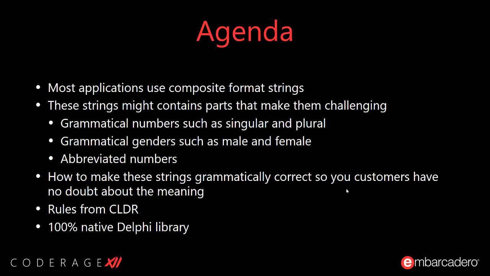The API I'm going to show you is a 100% native Delphi API. It's open source and available from GitHub. The logic is written in Delphi, but the rules come from CLDR. They are converted to Delphi code that is embedded into the API.